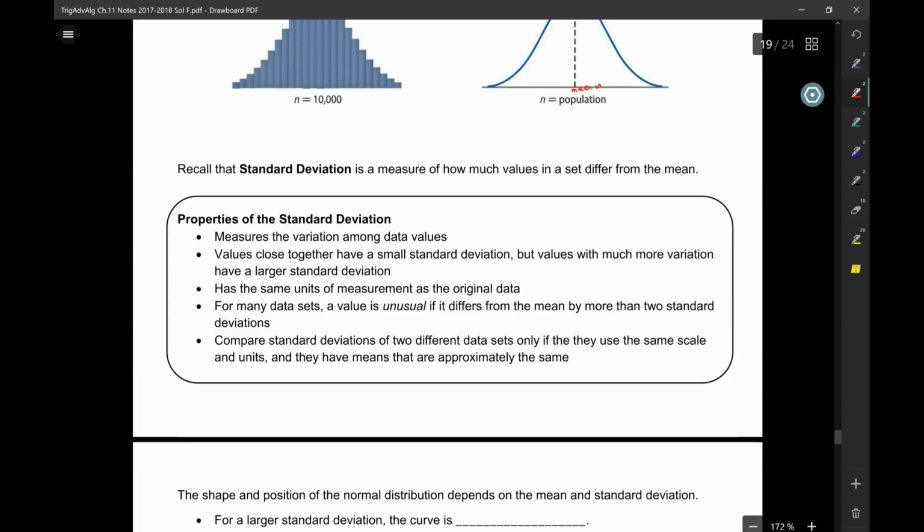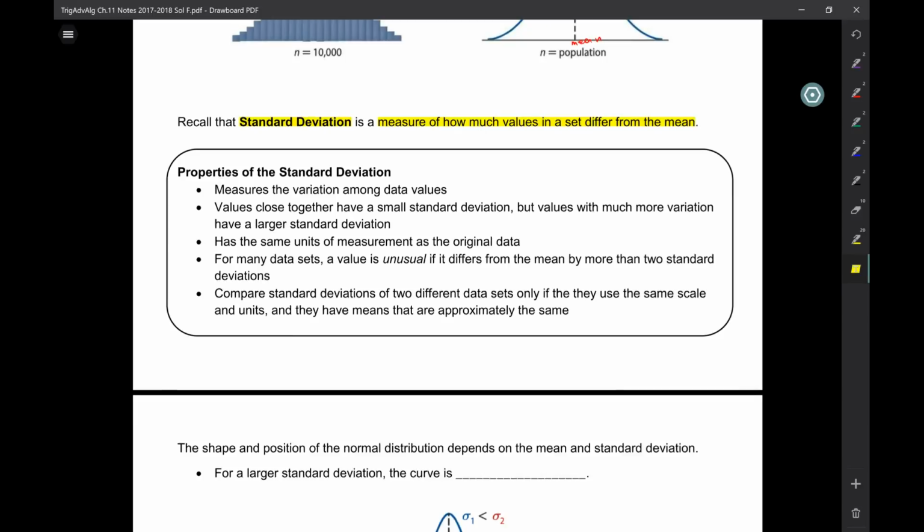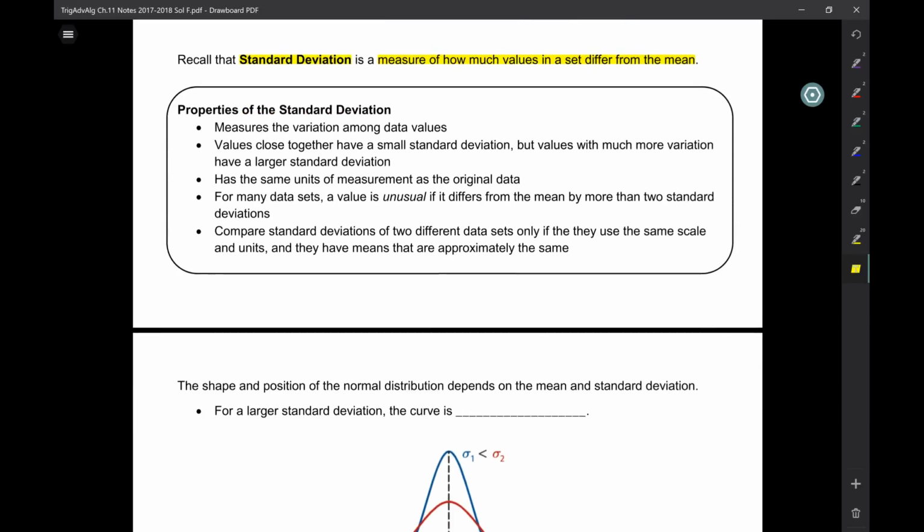Do we remember what standard deviation was? It was a measure of how much values in a set differ from the mean. So if the mean on a test is 78%, how many points different are most test values? That's the standard deviation. Standard deviation measures the variation among data values.